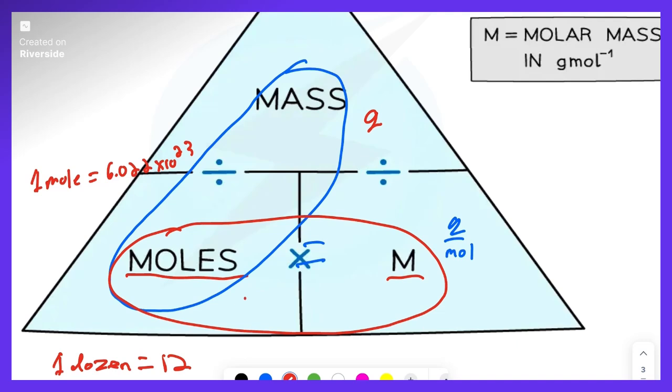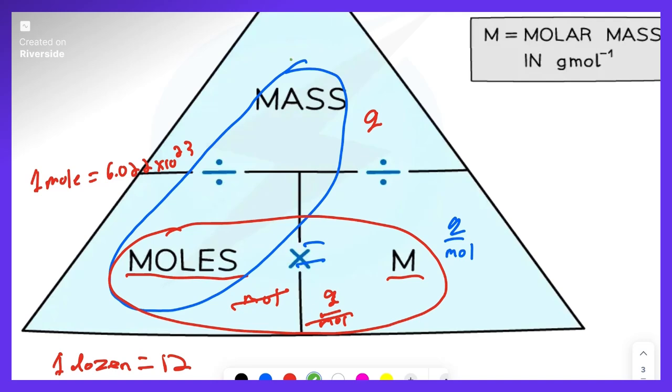If we look at the units, the unit for moles is mole, and the unit for molar mass is grams per mole. If I did my dimensional analysis, the moles would be crossed off, and our end unit is grams. So moles times molar mass is mass, and the unit for mass is grams.